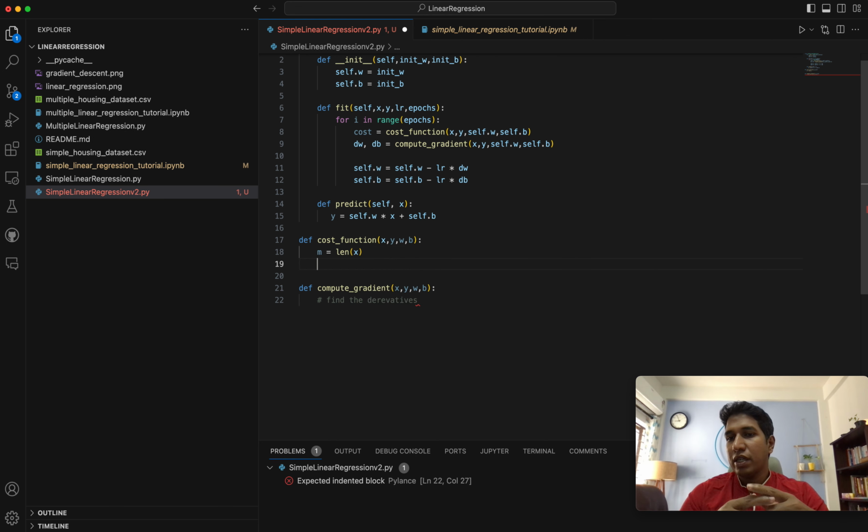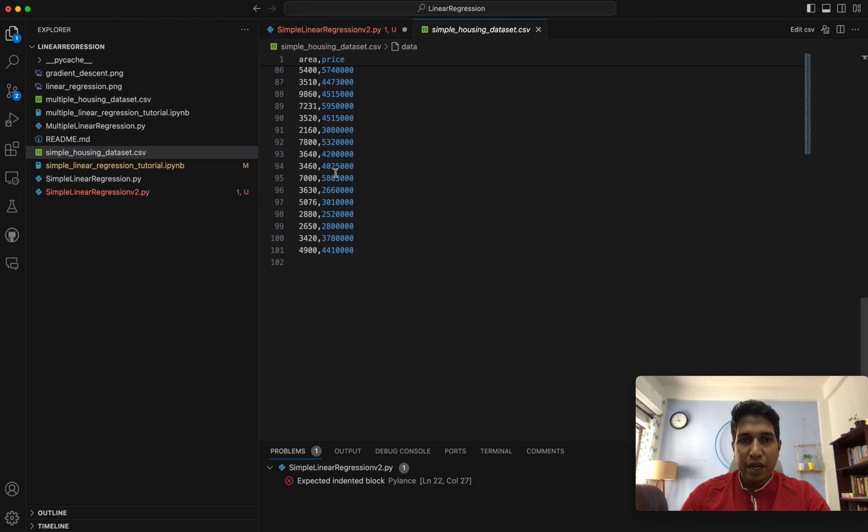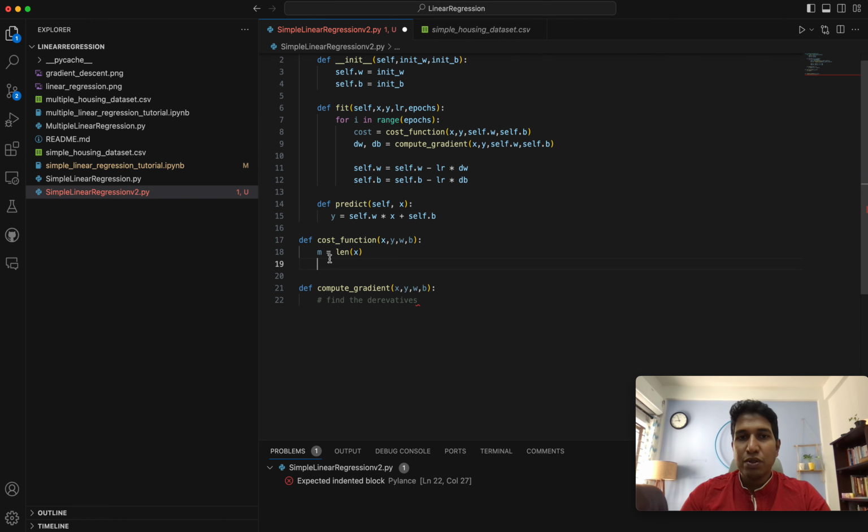This is how many data points we have. Let's see our data first. We have a simple housing data set, right? This is the area and this is the price. We have 101 records, so it's going to iterate over 101 records and try to find the cost.